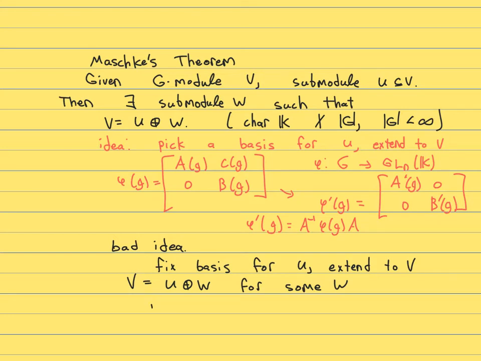And so this allows you to define a projection map. So literally, if you have your basis as E1 through EK, those are the basis vectors for U, and EK plus 1 to EN, that's the remaining basis vectors, then pi of EI is either EI when I is less than or equal to K, or it's 0 otherwise. So this is what they call a projection, because you're projecting onto a subspace.